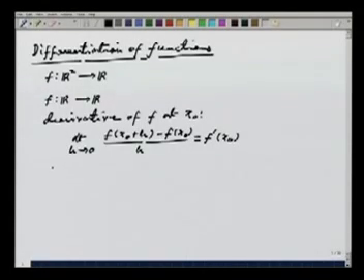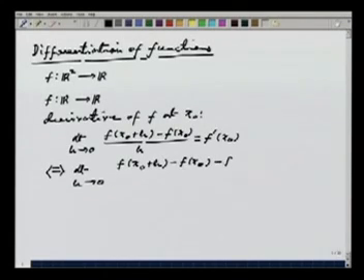An analogous way of expressing this is that the limit as h goes to 0 of f of x0 plus h minus f of x0 minus f prime at x0 times h, divided by h, is equal to 0.